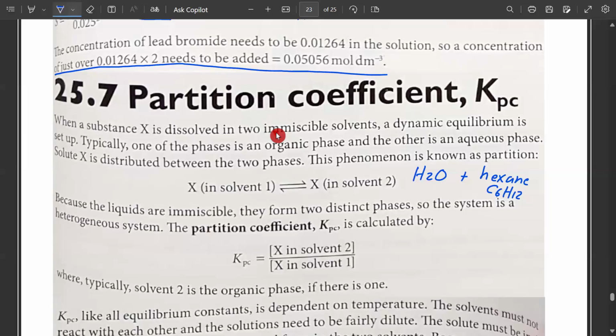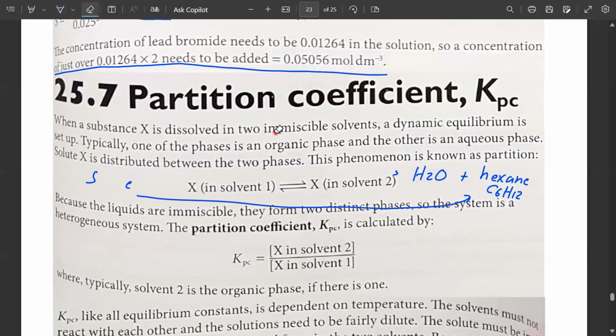And now I have to select a solute. I will select any particular solute which can be dissolved in water and which can be dissolved in hexane. Solute is dissolved in both water and hexane, but these two solvents are not soluble into each other. So such a combination must be selected, and from there we will study the partition coefficient.